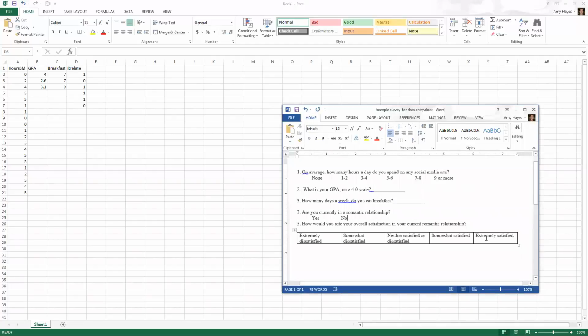And the way that you usually want to do it, although it's not incorrect to do it the opposite way from this, is I like high numbers to equal high levels of agreement, high levels of satisfaction, high levels of truthiness. So wherever you're extremely satisfied or agree strongly, wherever that option is, we're going to make that one the 5. So if they circle this, you give them a score of 5, 4, 3, 2, 1.